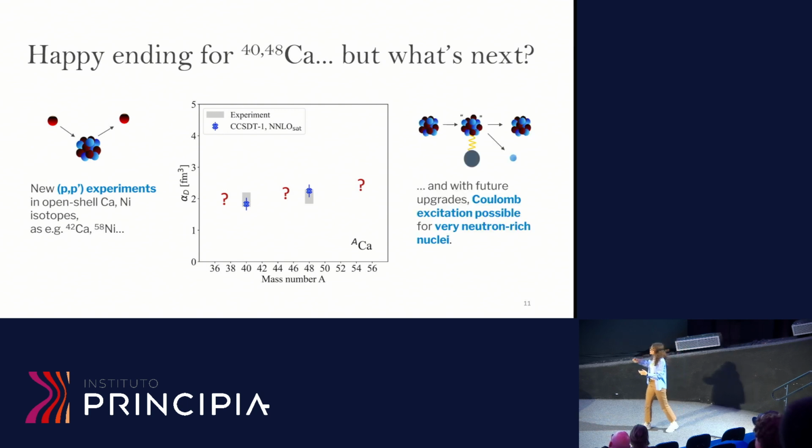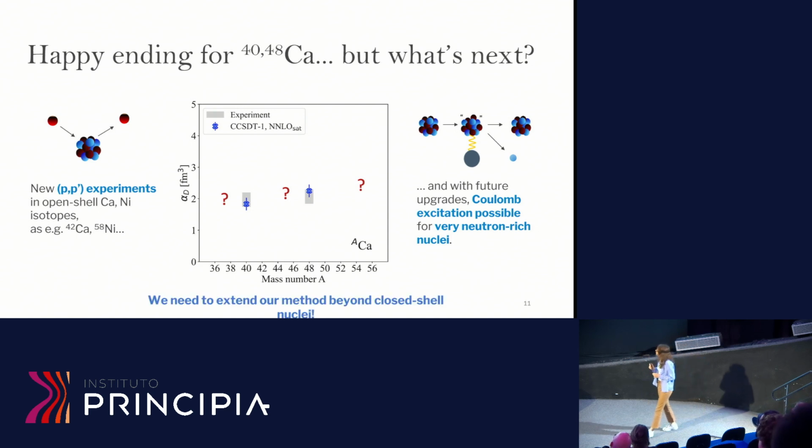And also with future upgrades of facilities like RIKEN and FRIB, we could be able to perform Coulomb excitation measurements for very neutron-rich nuclei, which would be very useful to get more insight on constraints on the symmetry energy.